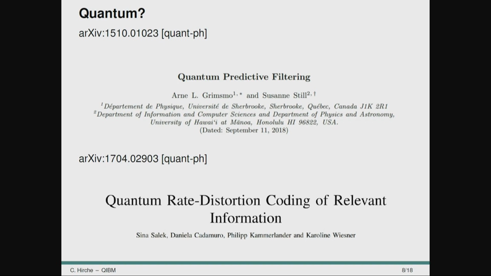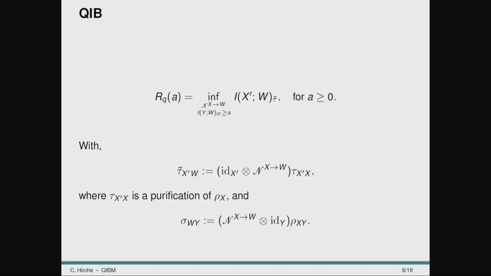This has then been done in the second paper, where there was the first attempt of providing an operational interpretation of the quantity itself. And they managed to do so up to a conjecture, which is that the information bottleneck function is convex.